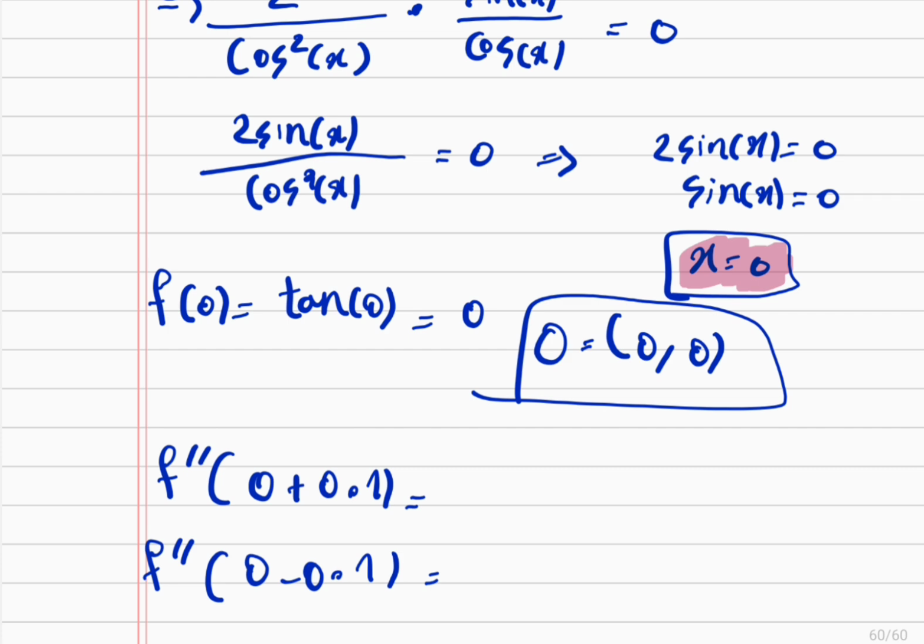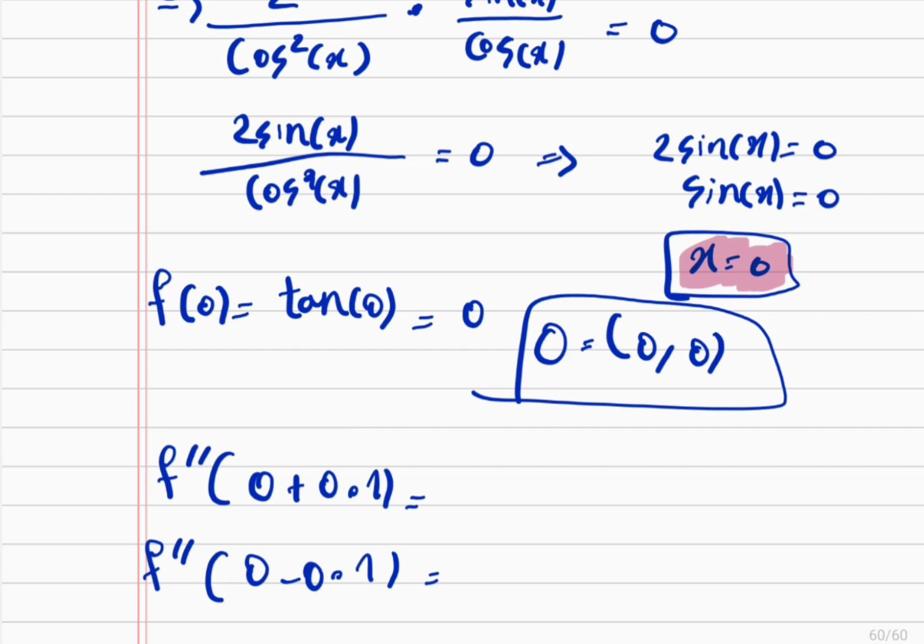If we get a positive value for one of them and a negative value, or in other words two different signs, then that means that's the point of inflection. But if we get two same signs, positive or negative, then that's not a point of inflection, because remember, the point of inflection is a point where the curve changes from being concave to convex or vice versa. So that's why there is a change of sign for the second derivative.